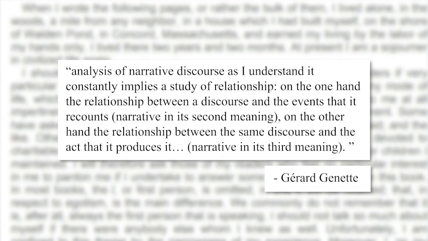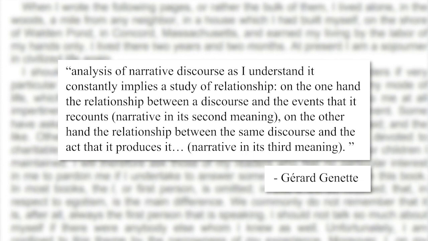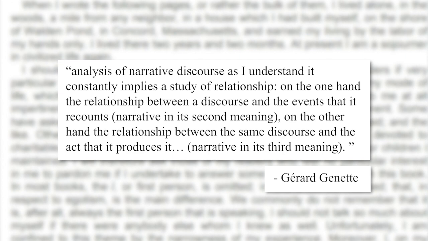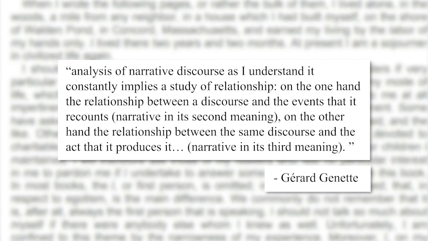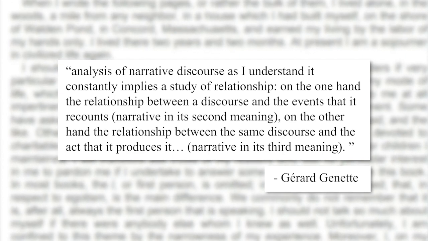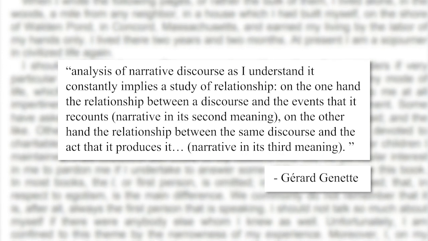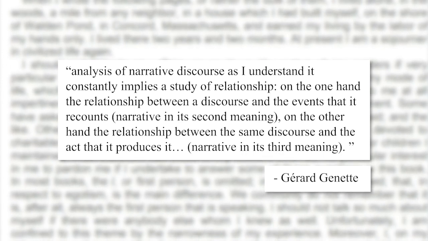On the one hand, the relationship between a discourse and the events that it recounts, narrative in its second meaning. On the other hand, the relationship between the same discourse and the act that produces it. Narrative in its third meaning.